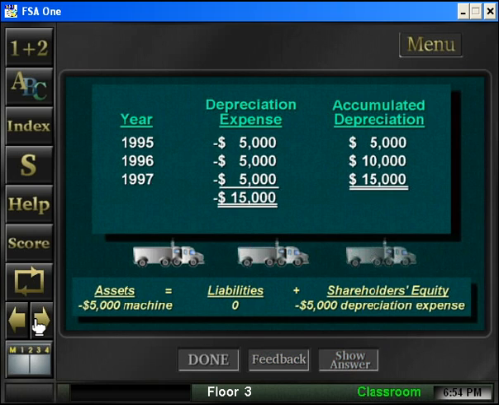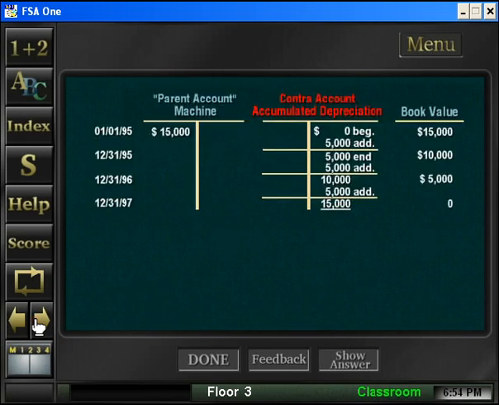Let's look at the machine example more closely. The column labeled Accumulated Depreciation represents the cumulative amount of depreciation taken through the end of the year. Each year, as depreciation expense is recognized, the asset machine decreases by $5,000. Accountants often use another account, accumulated depreciation, to report the machine's book value on the balance sheet.